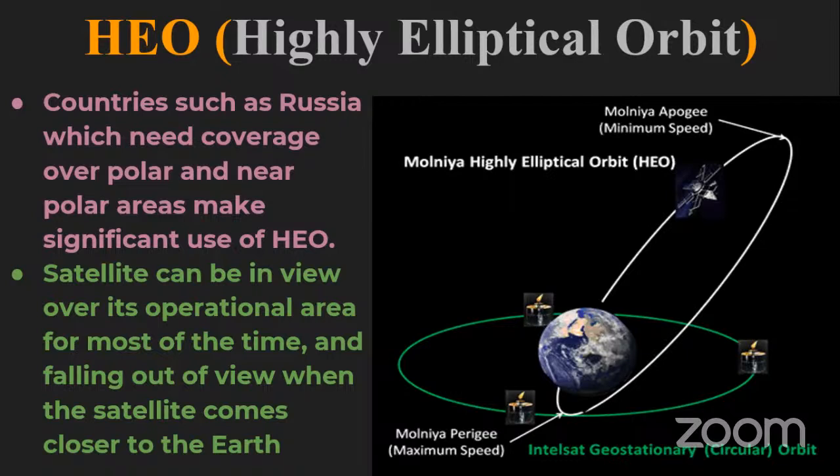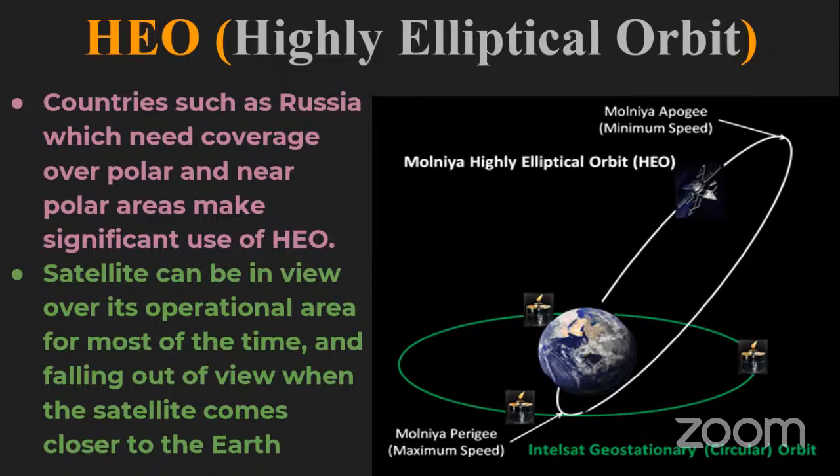Now, if I'm in a circular orbit, I'm going to remain over the North Pole or the South Pole only for a certain moment. Let me show once again. If I'm moving like this, this is my North Pole. I'm spending very little time over the North Pole and maximum time away from it.